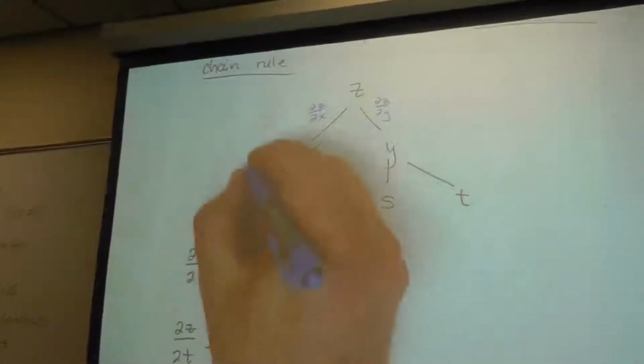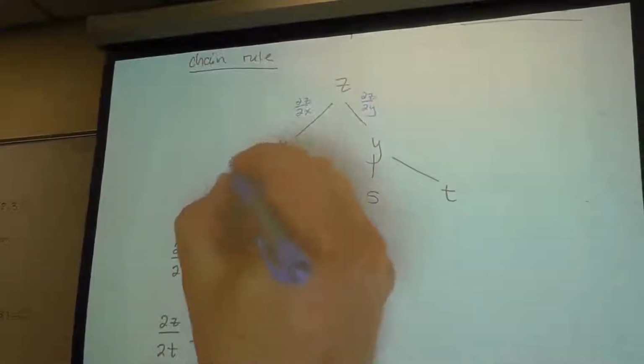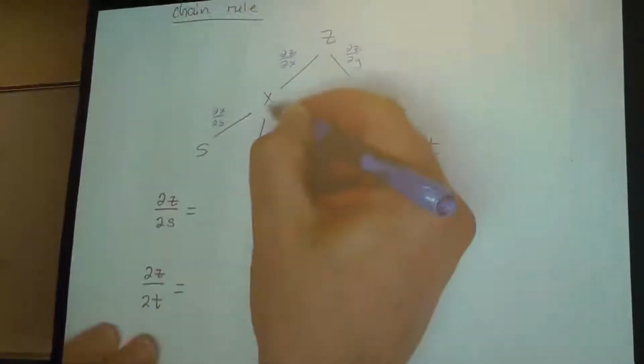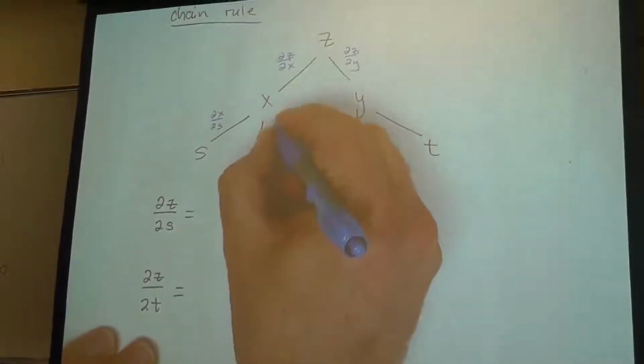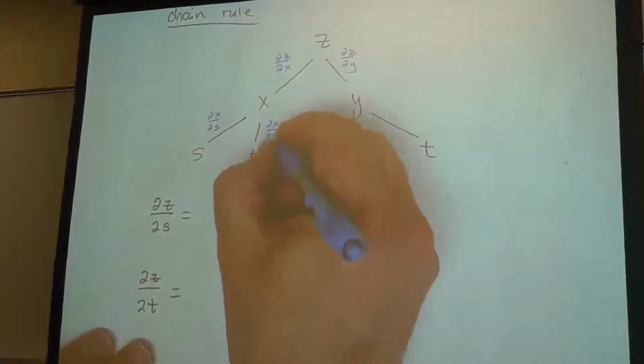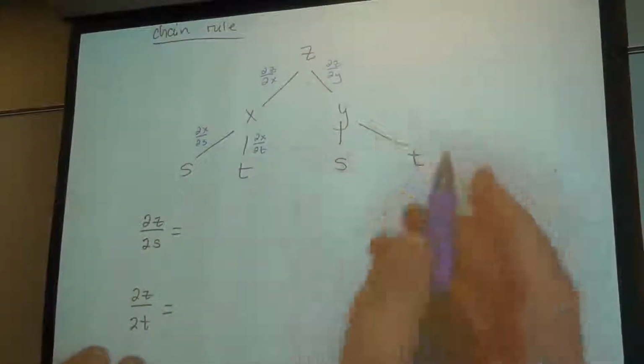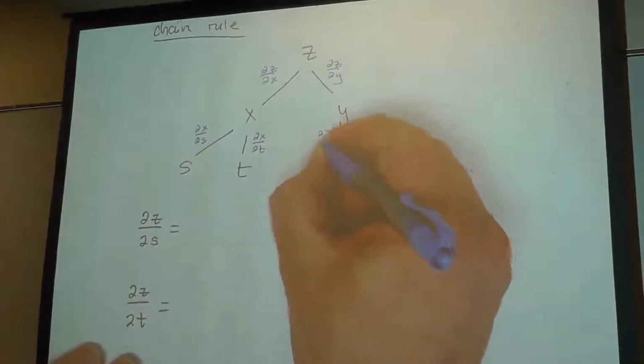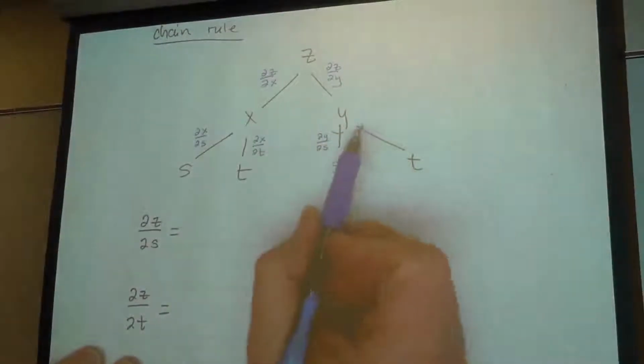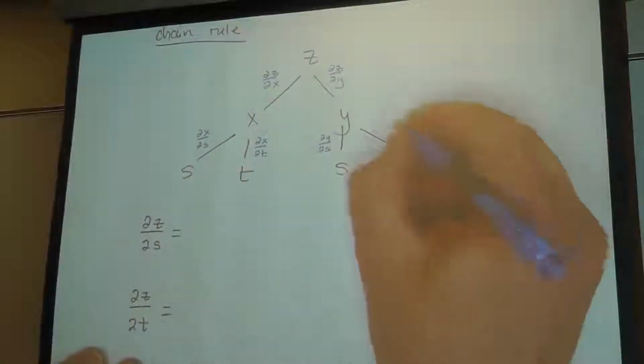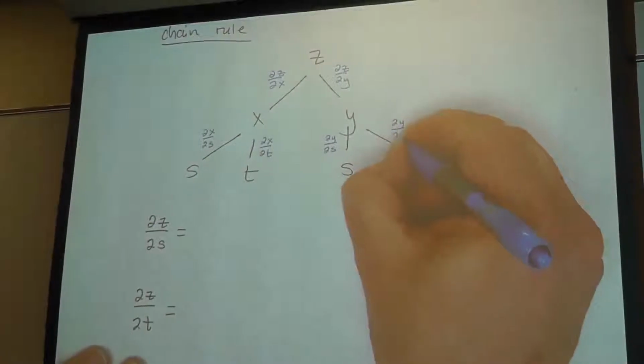From x to s, this is the partial of x with respect to s. This link from x to t is the partial of x with respect to t. And similarly over here, this is the partial of y with respect to s. And this branch linking y with t is the partial of y with respect to t.